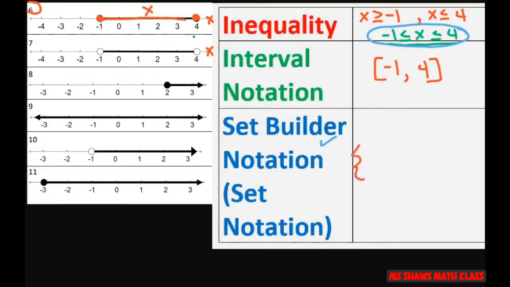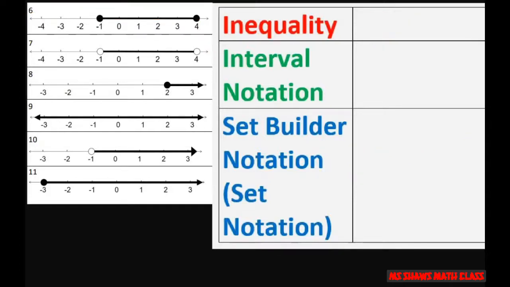You just use braces, write x such that, and copy this down: x is greater than or equal to -1 and less than or equal to 4. Or you can say x is in between -1 and 4 inclusive. Inclusive means including both -1 and 4.